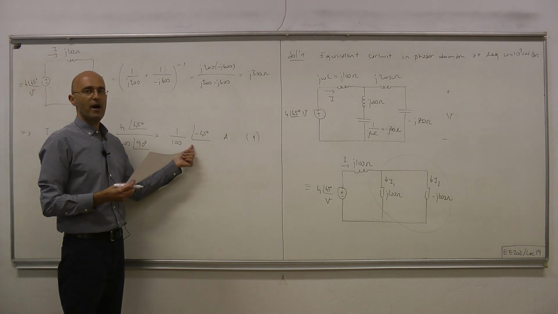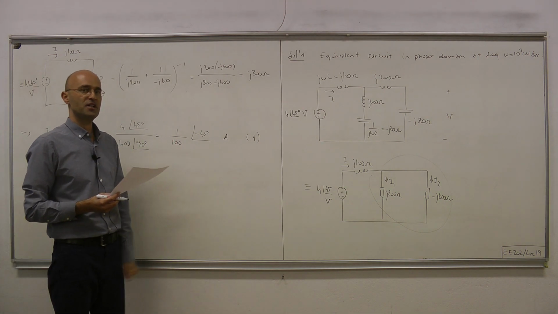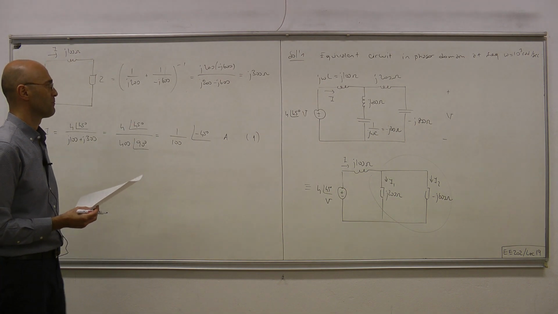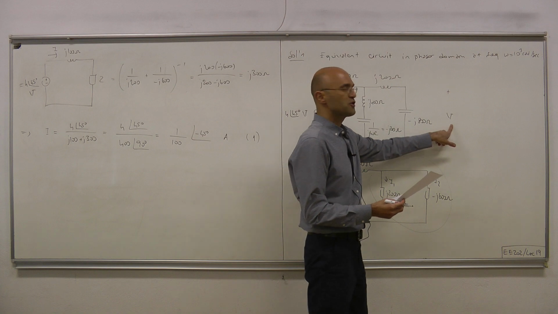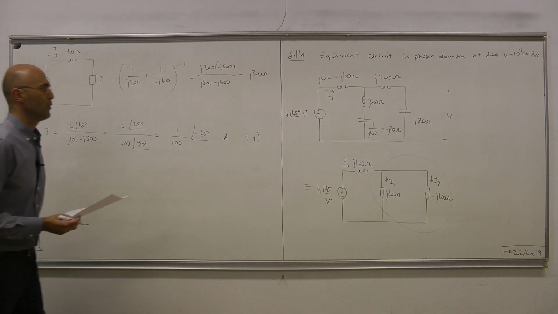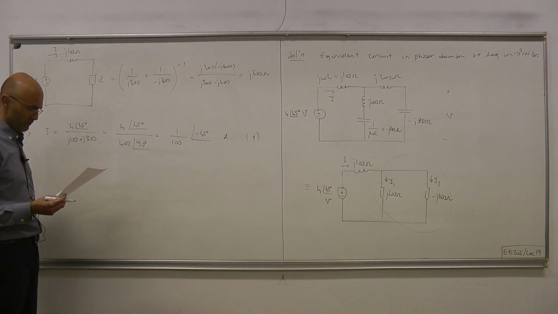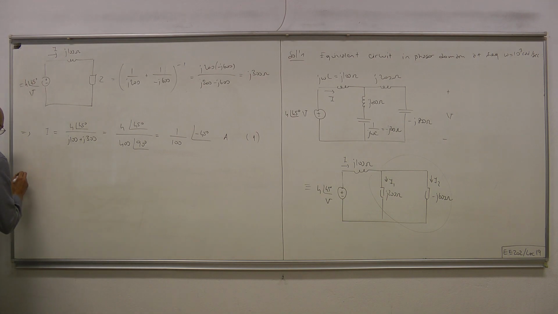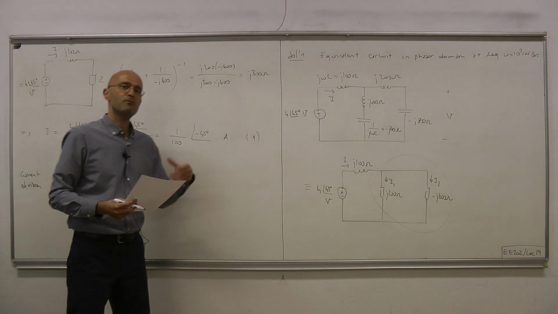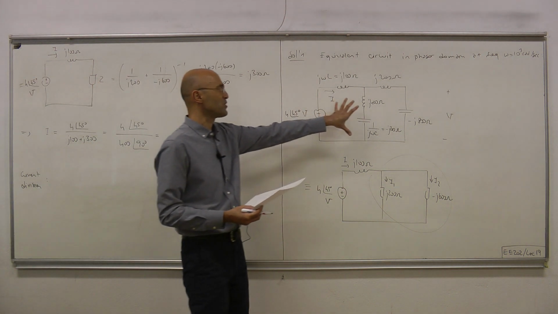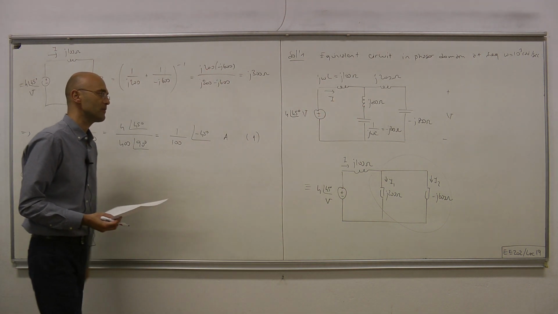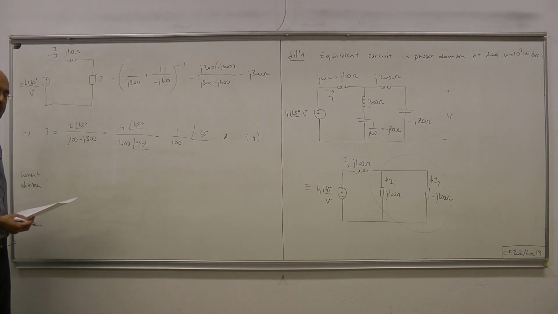We have figured out I. From this, it's apparent what i of t, the signal in time domain, will be. But before going to time domain, let's also take care of this voltage, and then we will be done in phasor domain. By current division, which we're familiar with from LTI resistive circuits, but since a phasor domain circuit is just like an LTI resistive circuit, we can apply this method.